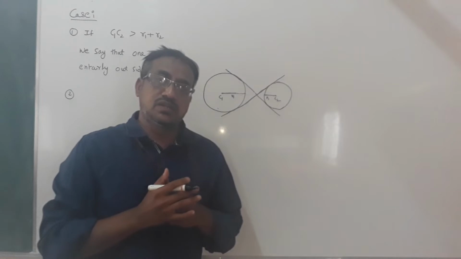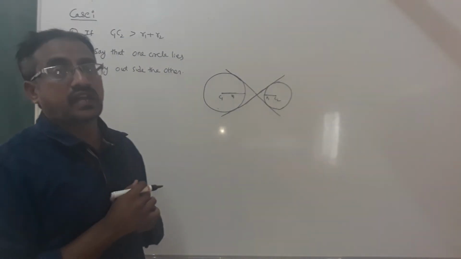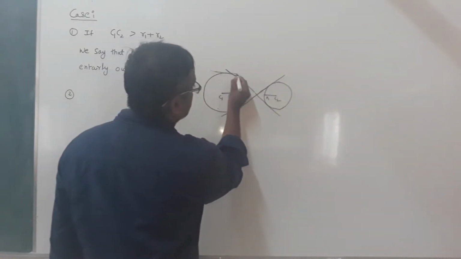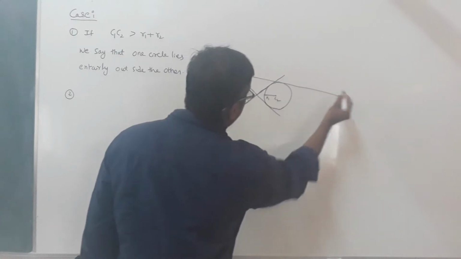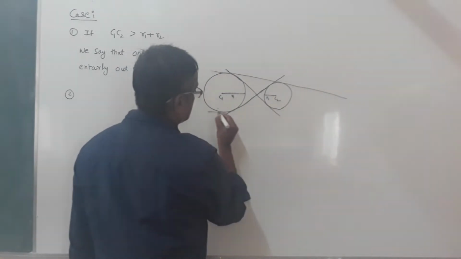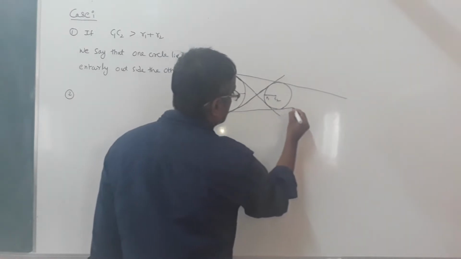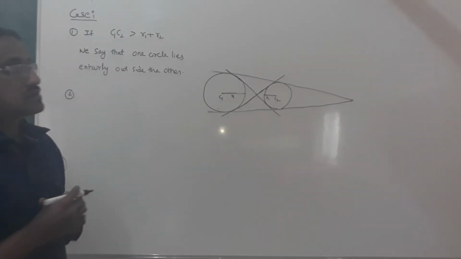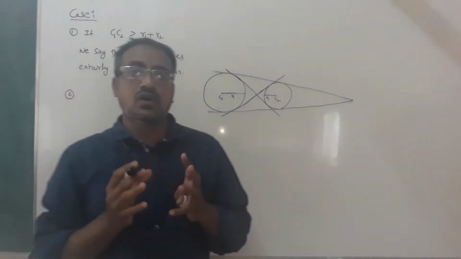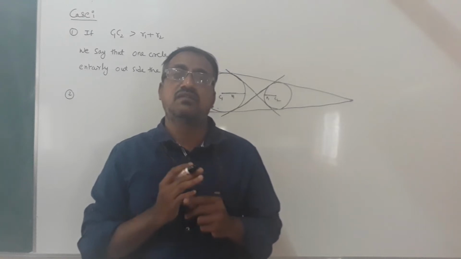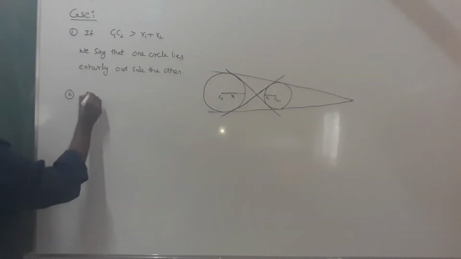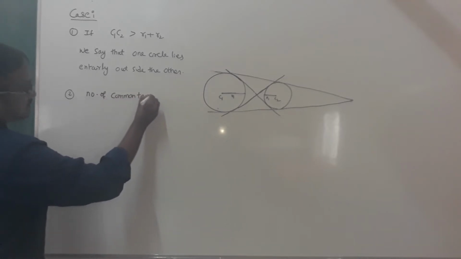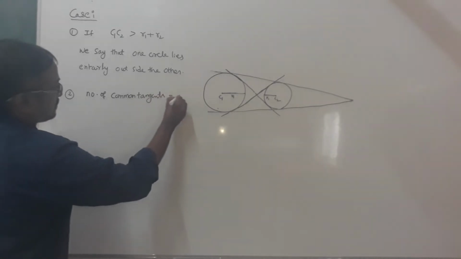Is there any other possibility? Yes, we can draw two more common tangents like this. So clearly you can draw four common tangents, that is two pairs of common tangents. The number of common tangents is 4.